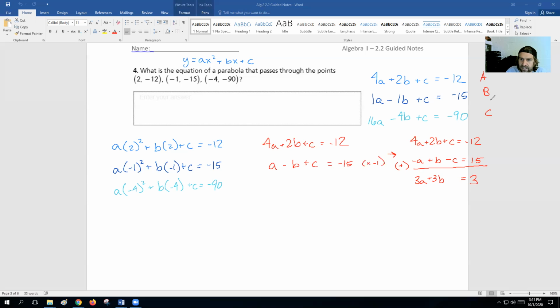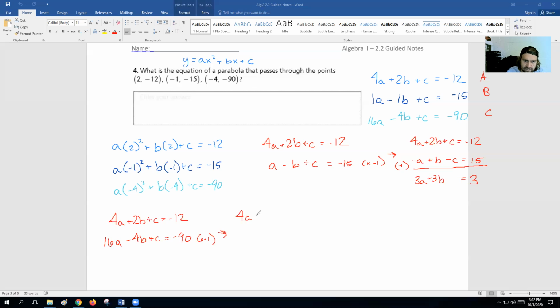Now I need to do either A and C or B and C together to get rid of the c's. I'm going to do A and C. So 4a plus 2b plus c equals -12, and 16a minus 4b plus c equals -90. The same thing here: I'm going to multiply this row by -1.